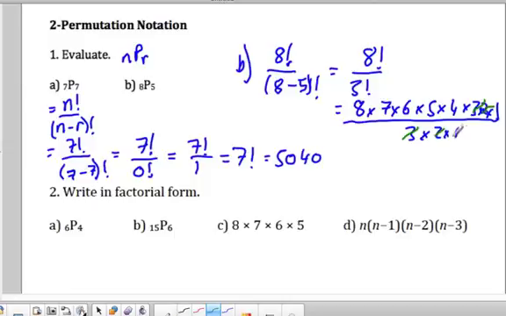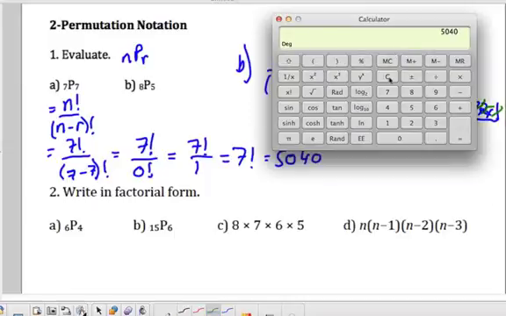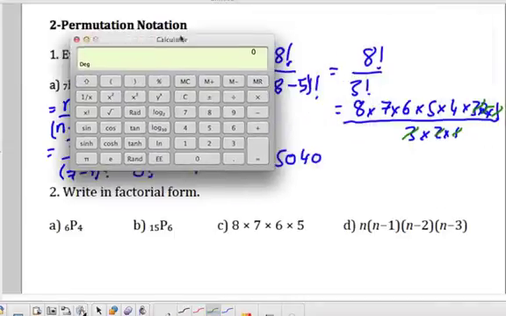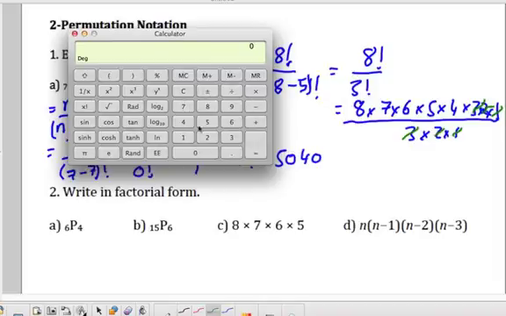So we're left with 8 times 7 times 6 times 5 times 4. Now, if we use our calculator for this, 8 factorial divided by 3 factorial, and if you multiplied all this out, you get the same answer, which is 6,720.